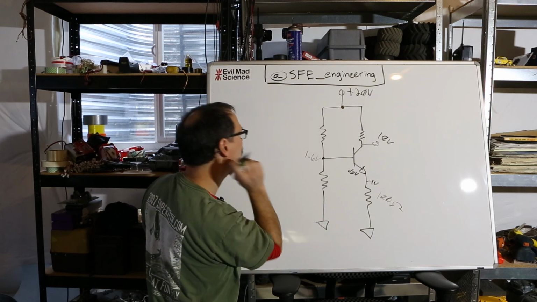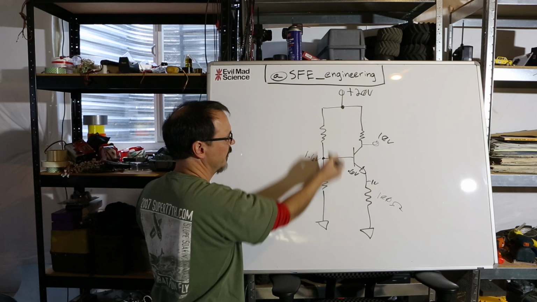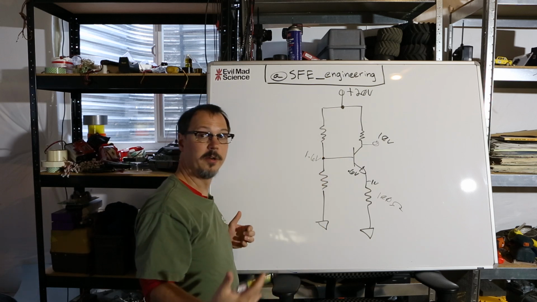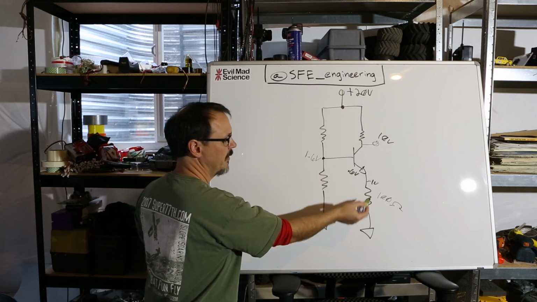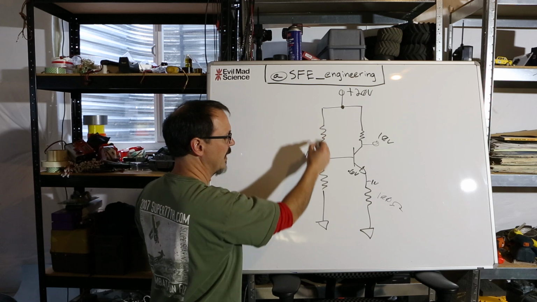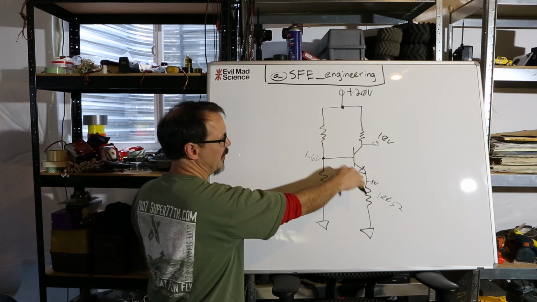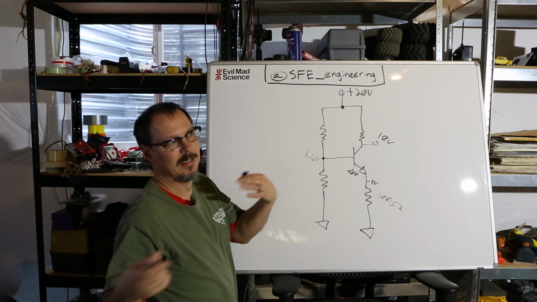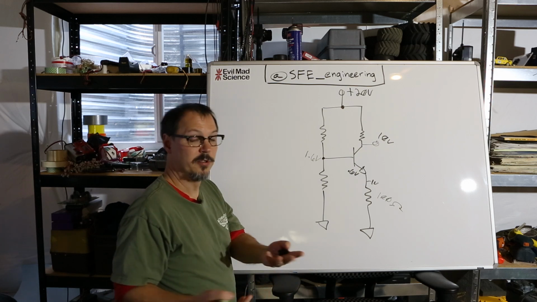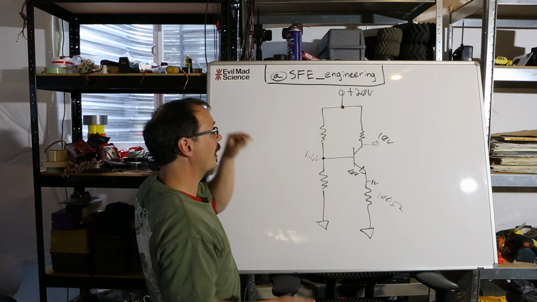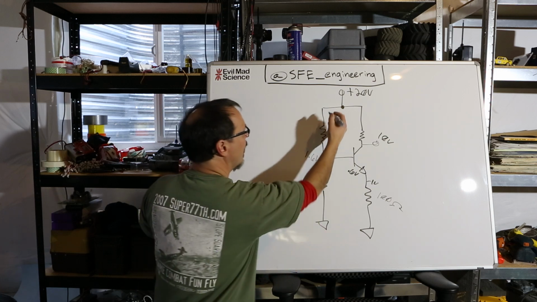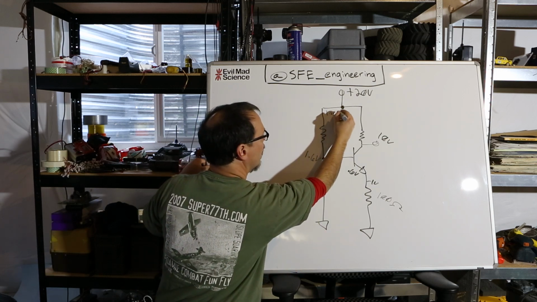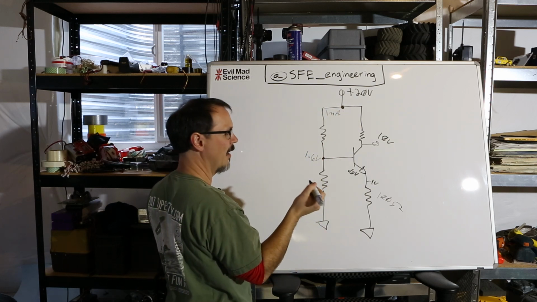Now, you want a certain amount of current going through this branch. You want enough current going through that branch to swamp out the effects of the very small base current, okay? This is going to be microamps. So I want the value going through here to be an order of magnitude or 2 orders of magnitude more than that. For the sake of argument, I chose 1 milliamp because all these numbers sort of work out.